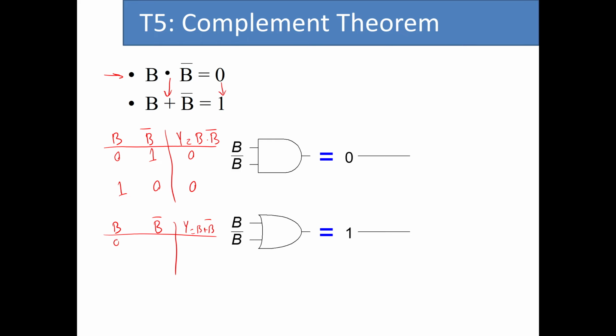If b is 0, b bar is 1. If b is 1, b bar is 0. So 0 OR 1, the result is 1. 1 OR 0, the result is 1. So as you can clearly see, this is how you can simplify your Boolean equations too. We will see more examples later on too.